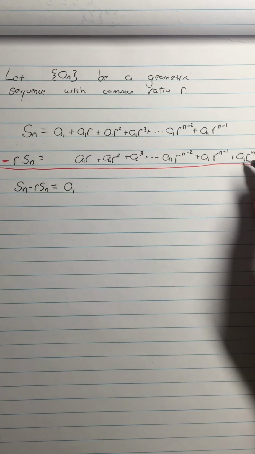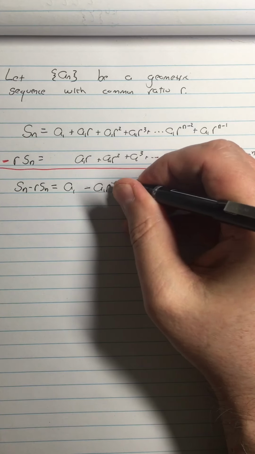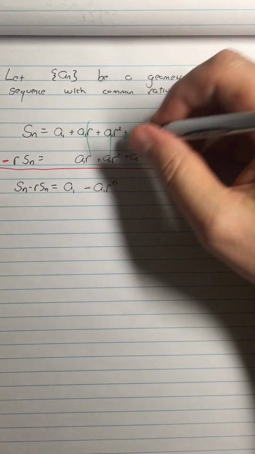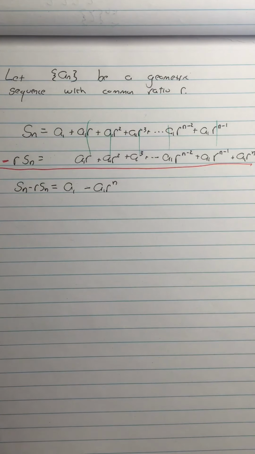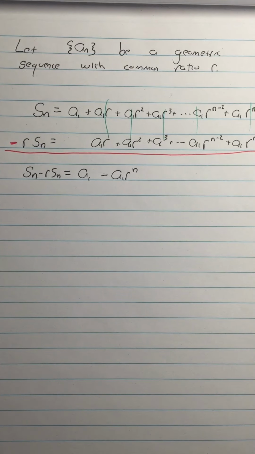And then I'm going to have this one left over, but since I'm subtracting it, it's going to be minus a sub 1 r to the n. So all these terms basically just cancel out, and the expression telescopes down to just these two things.